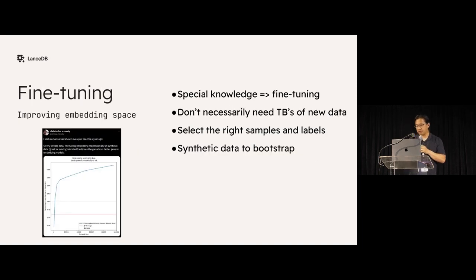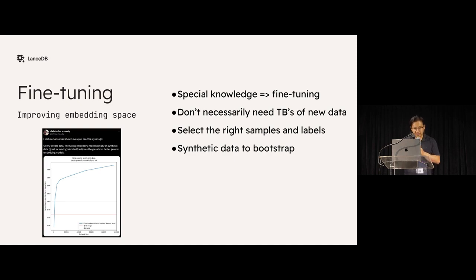Especially if your domain knowledge is a little different from the training data that went into the embedding model, or if your distributions end up being different, then fine-tuning can be a good way to make significant improvements. And you don't really need a ton of data.